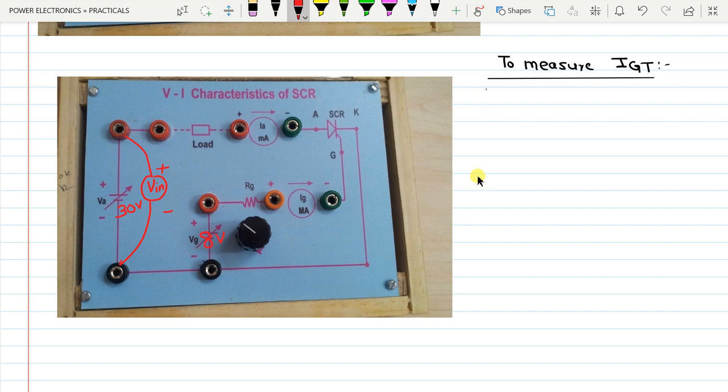And the potentiometer Rg has to be rotated either clockwise or anti-clockwise, depending upon whether we want to increase the gate current or make it zero. And here is our IG meter. Here is my VAK meter, and here is my IA meter.